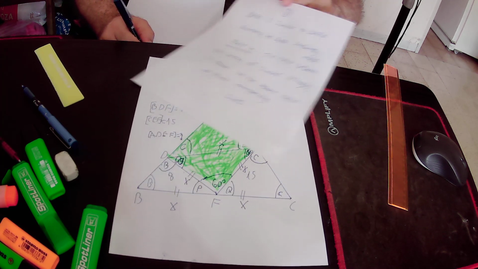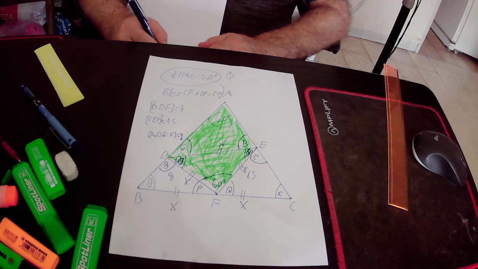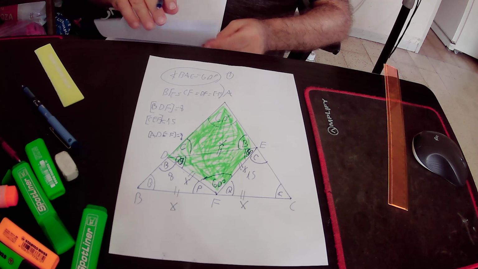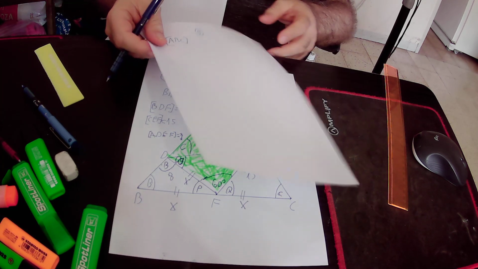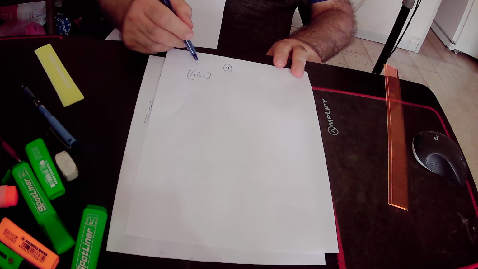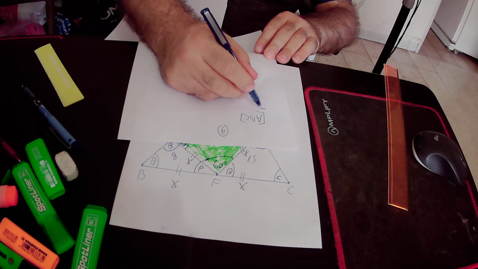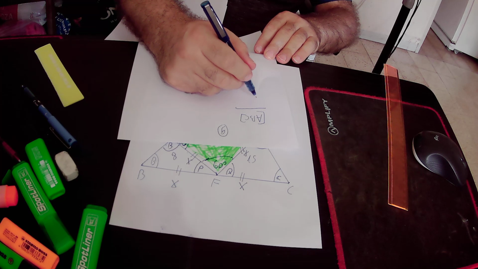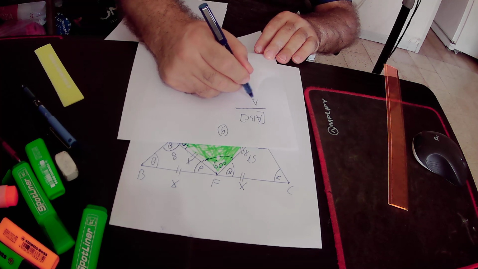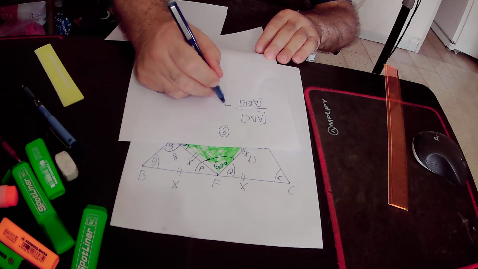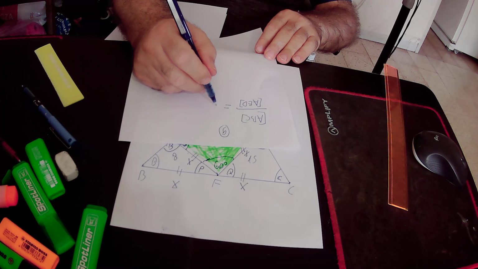According to rule number 4, the ratio between the area of triangle ABC, this is the sign of area, it means the area of triangle ABC, to the area of triangle AED is equal to the square ratio between their corresponding sides.